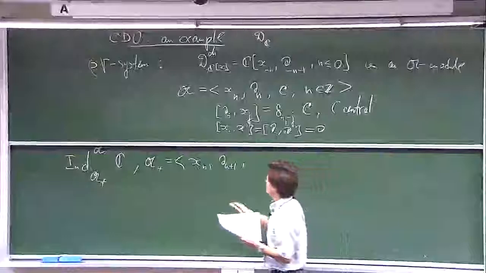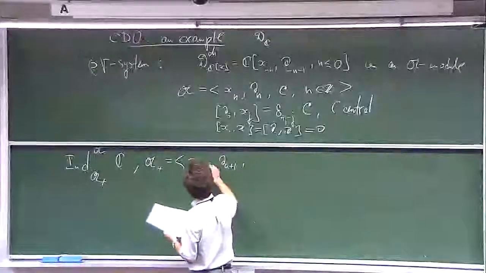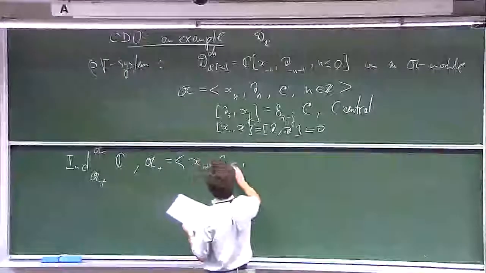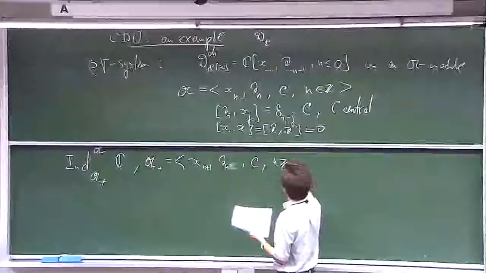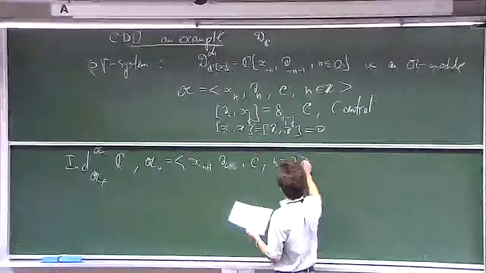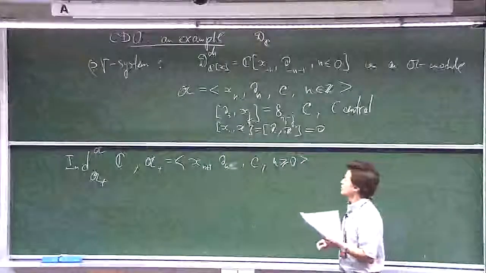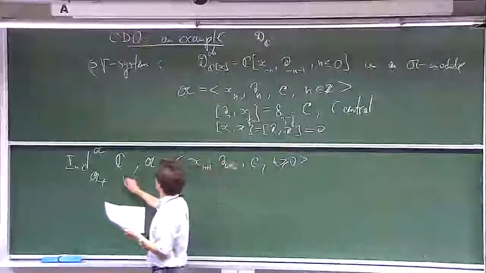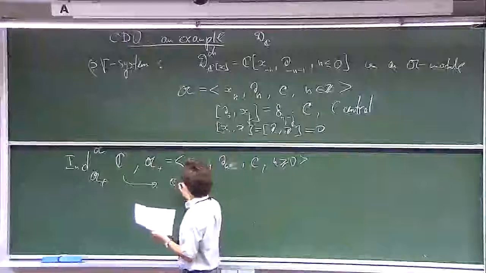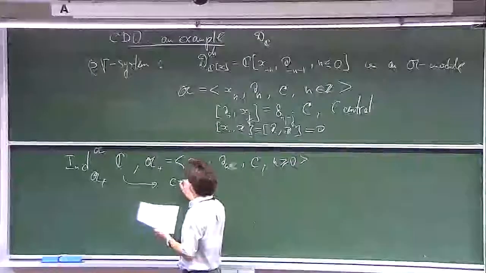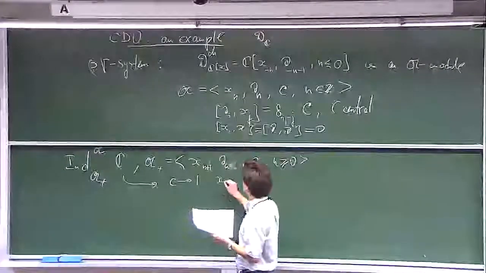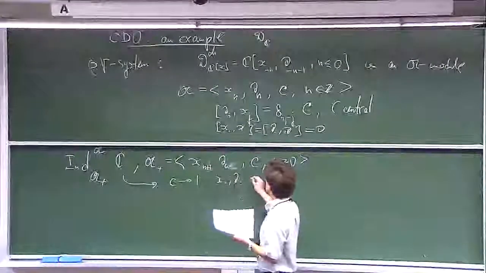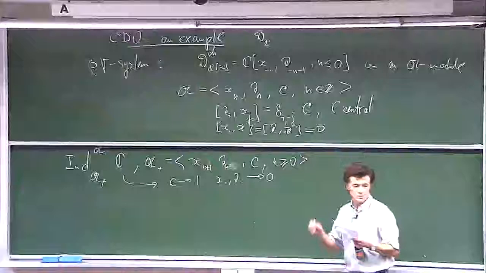And so that's the A plus, and it operates on C in such a way that c goes to 1, and the x's and d's that are here go to 0.